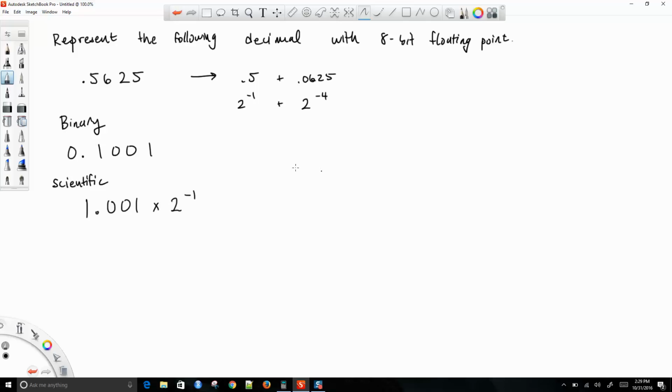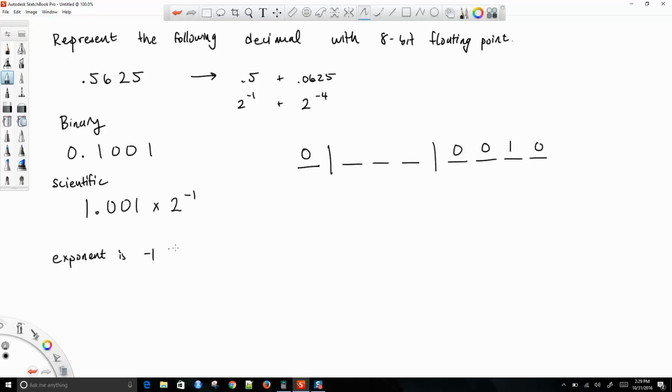Okay, so we can start filling out our 8 bits. What can I put in my bits right now? I would put in a 0 for the sign, and then for the mantissa, I would put in 0010, to capture this part. Then the exponent is -1, and we want to put in our bias here, right?